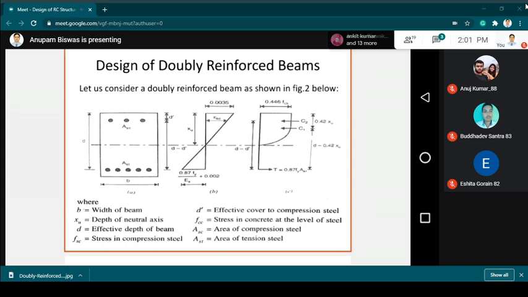Fsc is the stress in compression steel. Asc is the area of compression steel, and fcc is the stress in concrete at the level of steel.